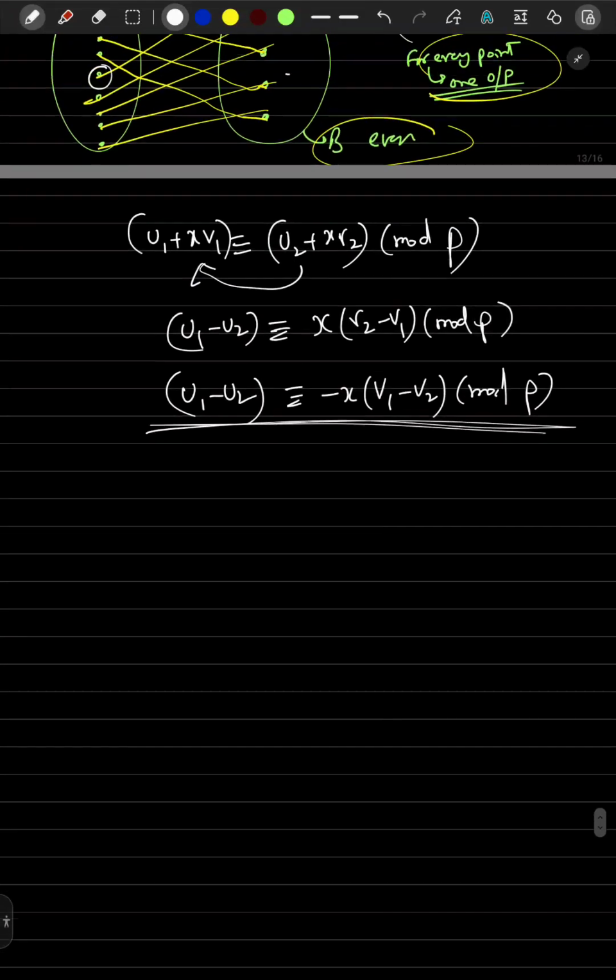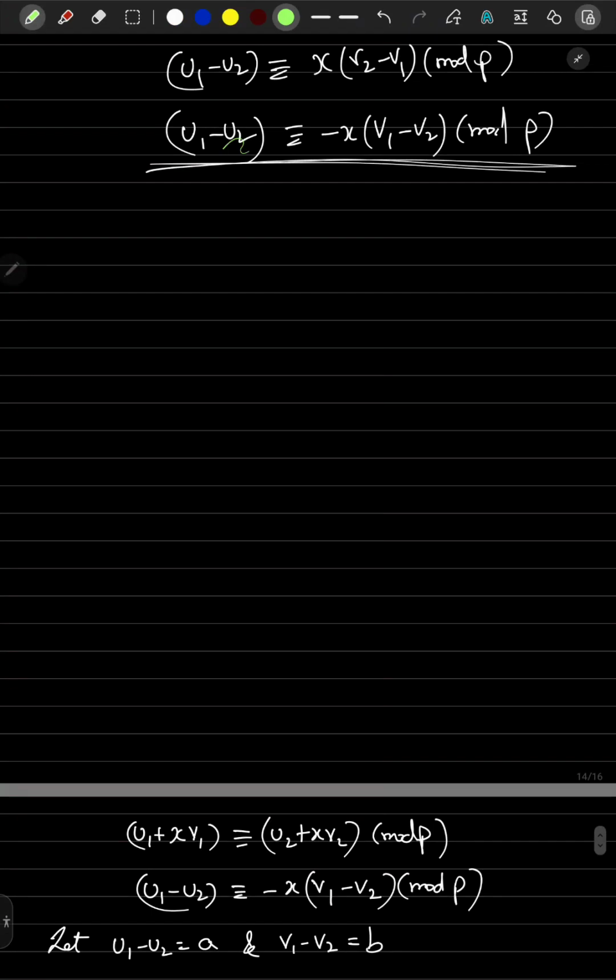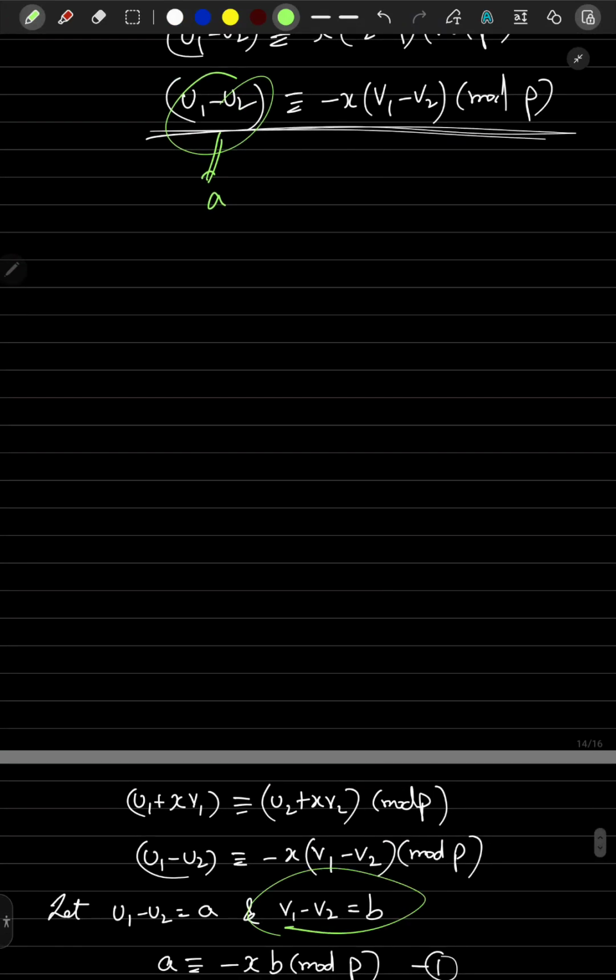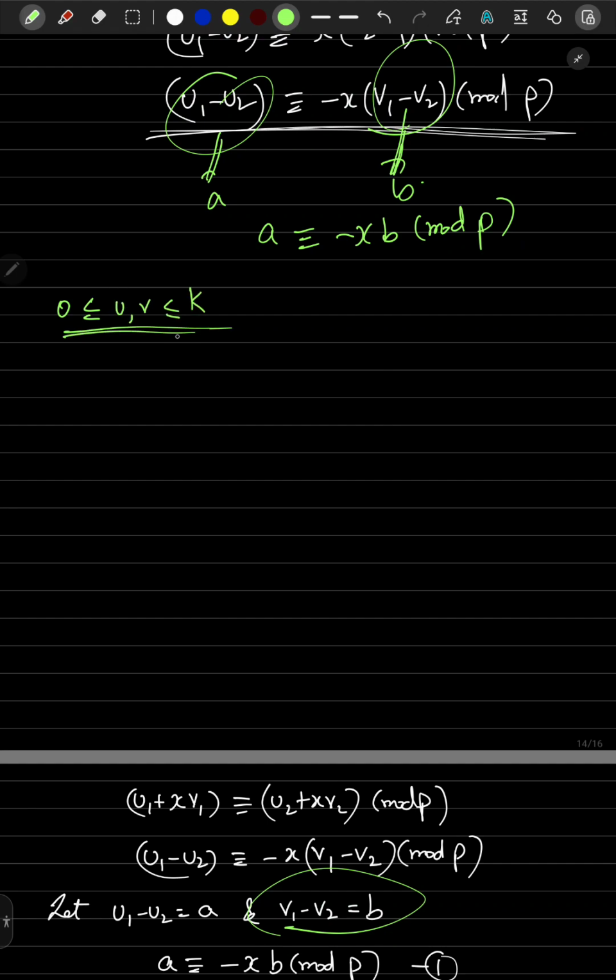Now take u1 minus u2 as some a, and v1 minus v2 as some b. Now a is congruent to minus xb mod p. At the beginning I told the possible values of u and v: they range from 0 to k.